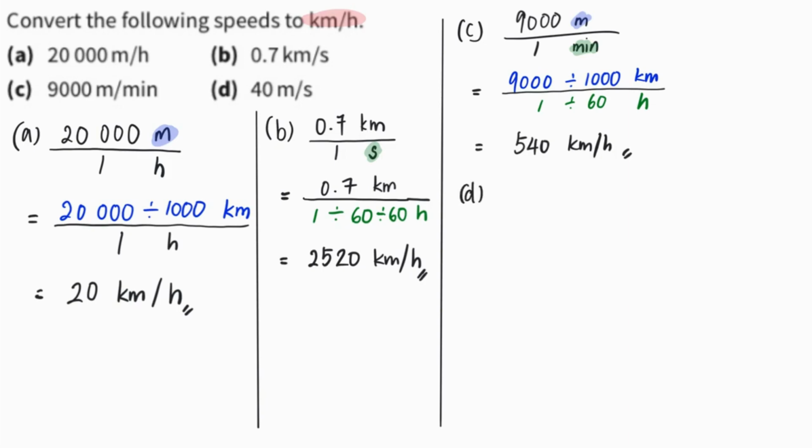And for the last part, 40 meter per second means 40 meter in 1 second. So this one again we need to do for the denominator. Meter to kilometer, I divide by 1,000.